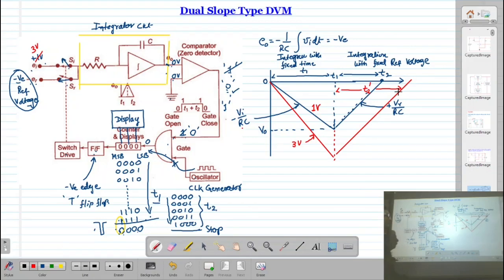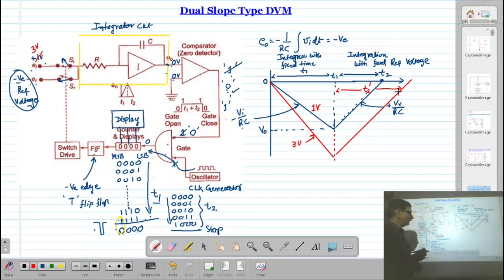So in this way, if the input voltage increases or decreases, then this slope will also increase or decrease, but the second slope will always remain constant, and that determines for how much time your gate is going to remain open.